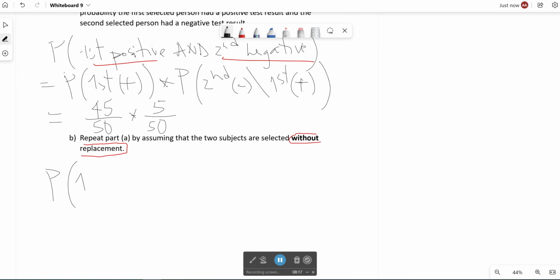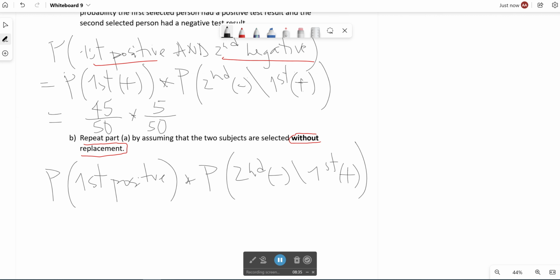So we get the probability that the first one tested positive times the probability that the second tested negative, given that the first tested positive and was not put back into the selection pool. So the first probability is still 45 out of 50.